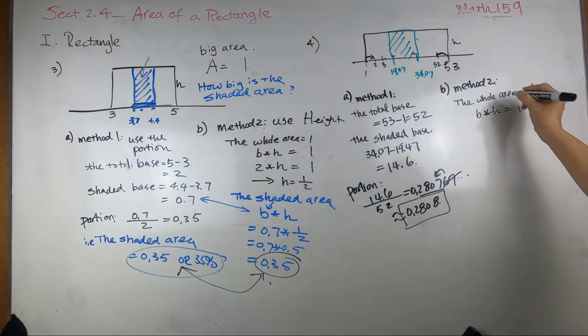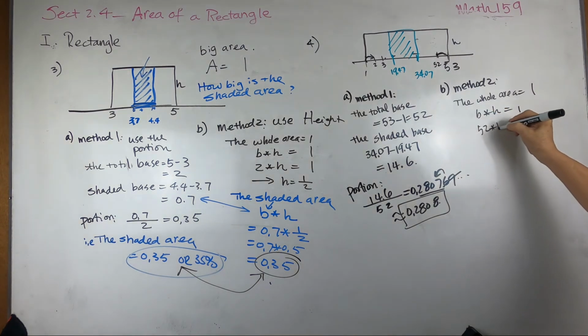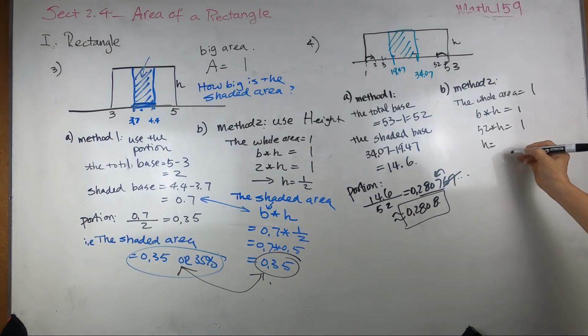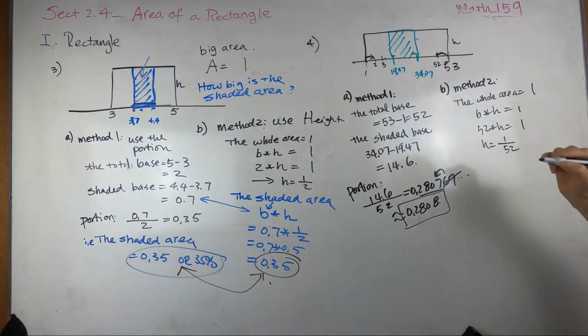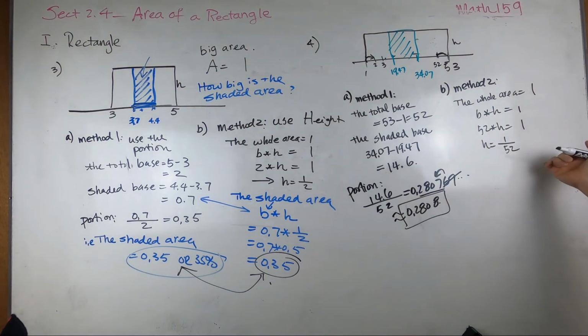So 1 equals base 52 times height. So what's our height? It's 1 over 52, right? So we have a height.